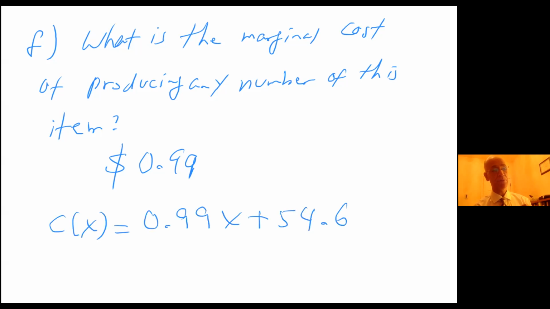What you have to remember from this point on, for sure, is that if and only if you have a linear function, and we certainly have in this case, this number here, the slope, is your marginal cost, which is the same for any number of items.